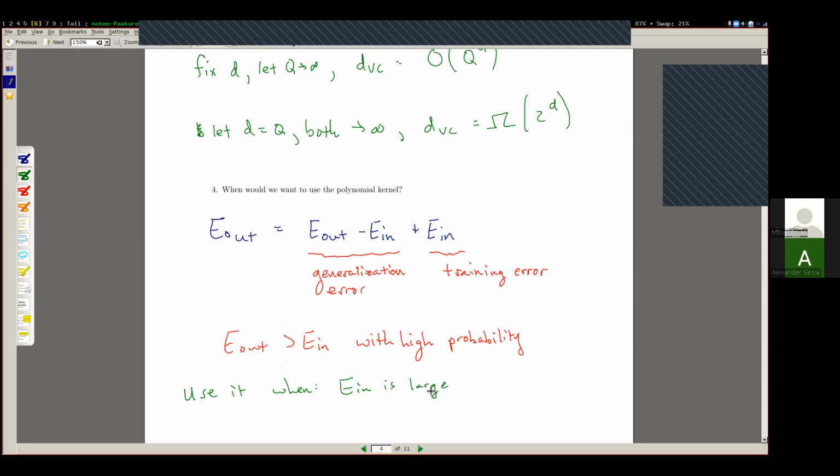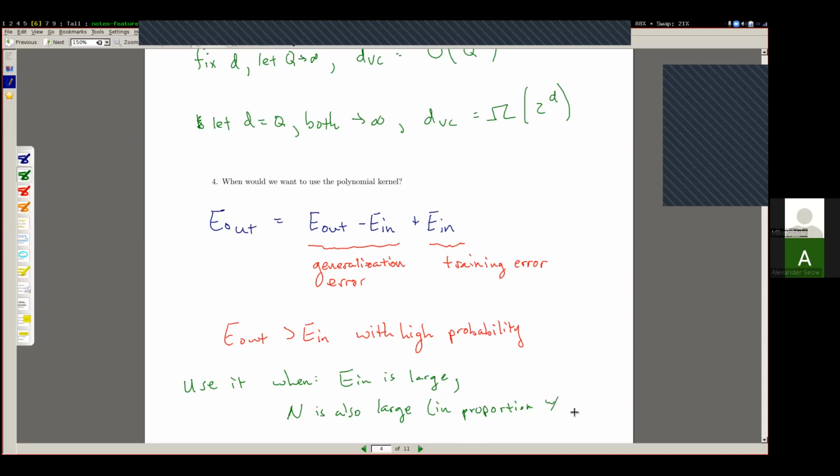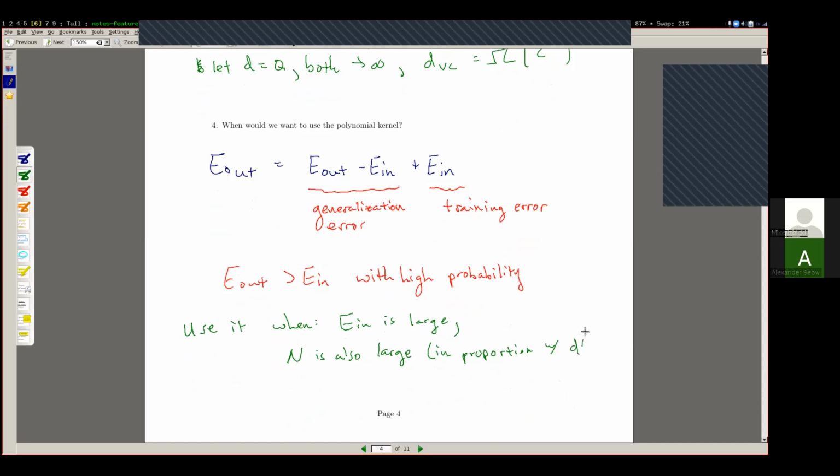At the same time, our number of data points is also in proportion with what our final VC dimension is going to be. D prime is the final VC dimension. And as long as those two things remain proportional, then our generalization error up here will stay constant with what it was before, but will decrease this term, resulting in E out also decreasing.